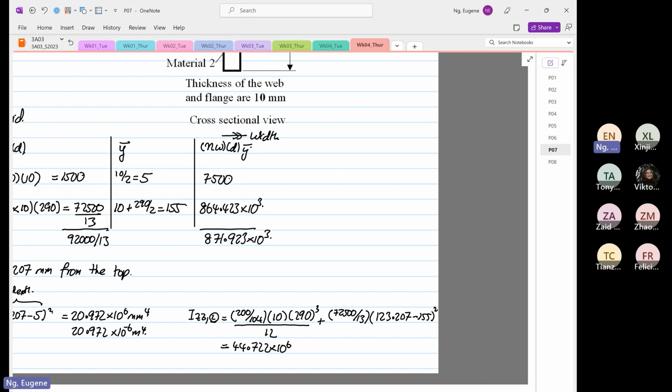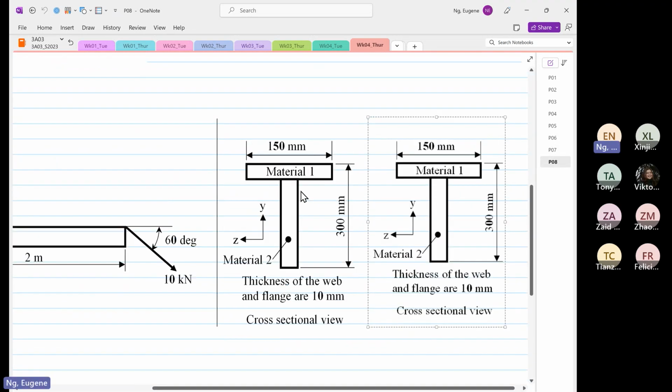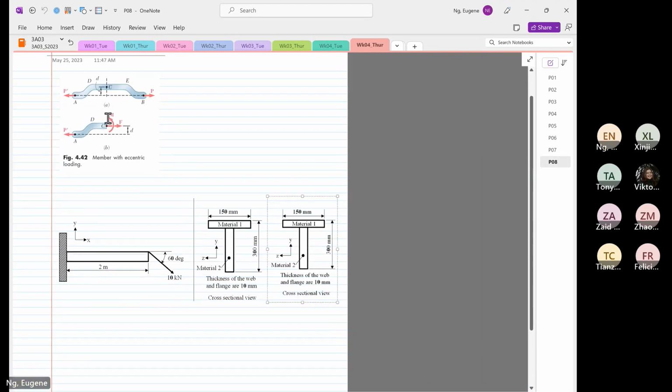times 10 to the power 6, or 44.722 times 10 to the power minus 6. So we can determine our IZZ now. Okay, so let's determine our IZZ.